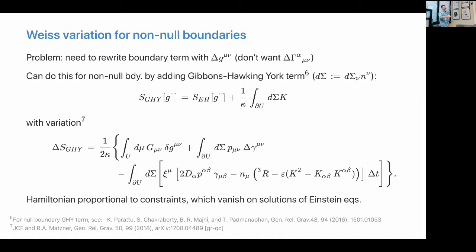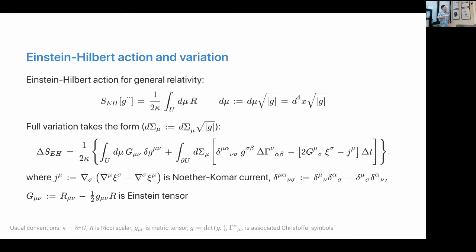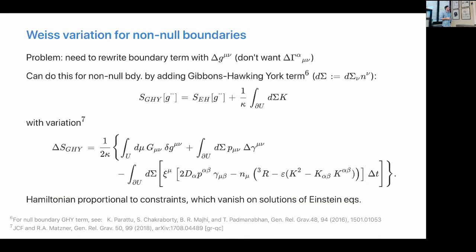This is the Hamiltonian constraint, which are both projections of the Einstein tensor. So that's how this result is related to the previous one, just getting different projections of the Einstein tensor. And of course, in vacuum, both of these things vanish. So in a sense, if you just do a normal thing, what you get is that the thing that corresponds to the canonical energy momentum tensor for gravity vanishes in a vacuum.